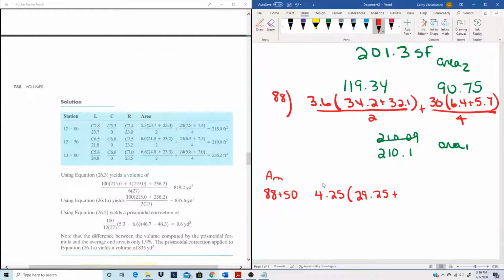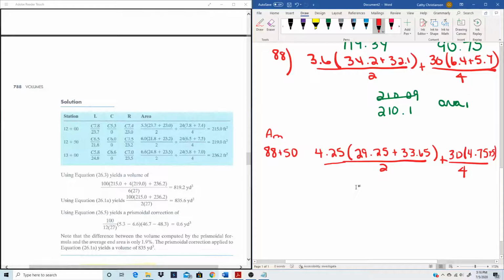Right 33.65 divided by 2 plus 30, because that doesn't change. 4.75 plus 5, trying to squeeze that in on the paper, divided by 4.